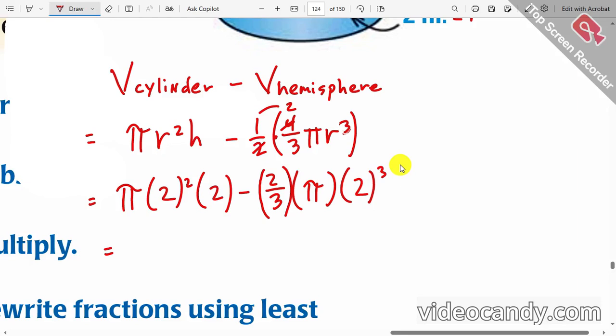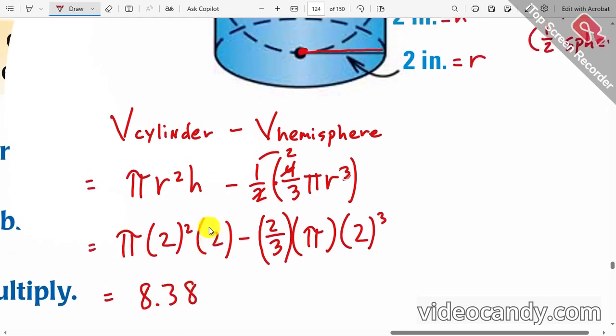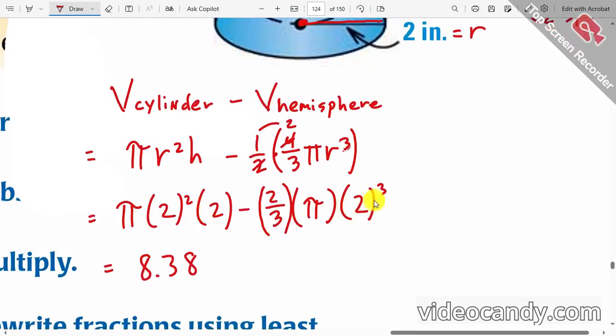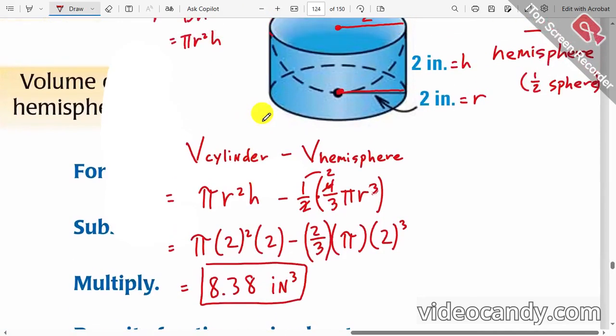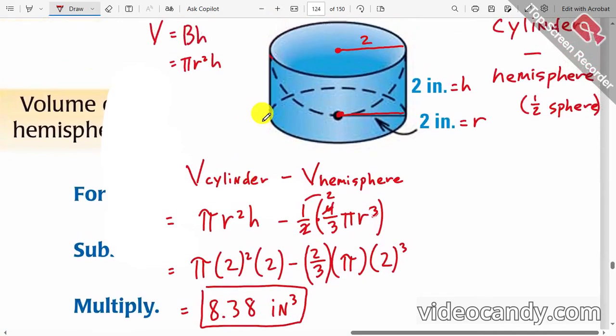And hit equals again. I get 8.38, rounding off. The units were in inches, but the inches got cubed. For the volume, it's always going to be cubed. So 8.38 inches cubed is what I get for the volume.